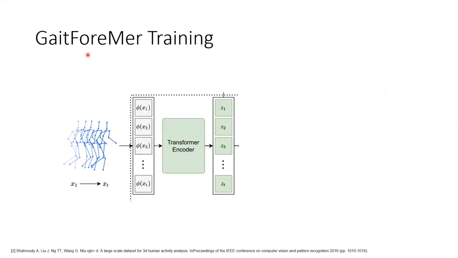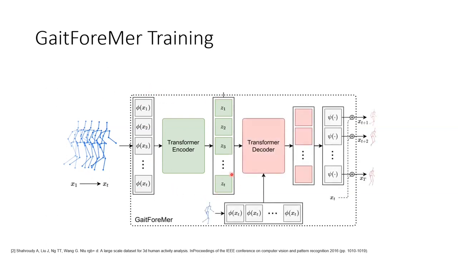So now, putting all things together on GaitForeMer training. We know up to this part, this part learns spatiotemporal features. To introduce the self-supervised loss, based on the T frames pose and spatiotemporal tokens, they try to decode those tokens and forecast the next frame's pose.